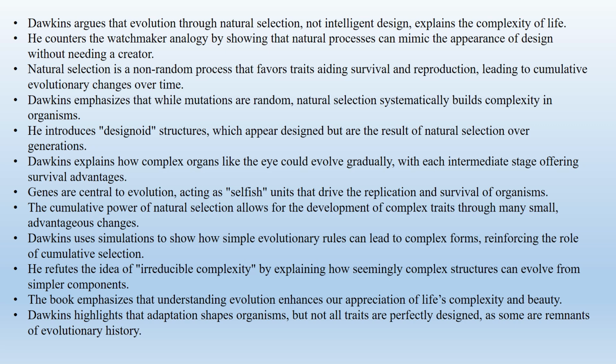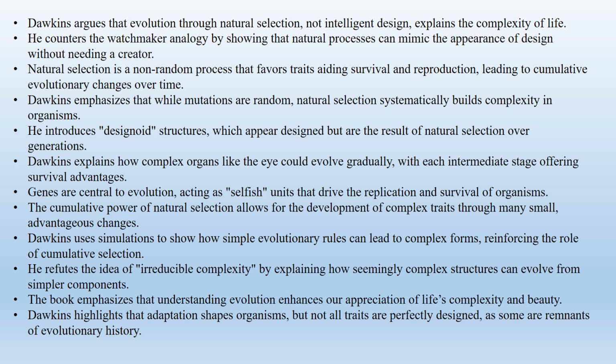By adjusting the parameters of the simulation, Dawkins shows how small incremental changes can lead to increasingly complex forms, demonstrating the power of cumulative selection in evolution. This reinforces his argument that complexity does not require an intelligent designer, but can emerge through natural processes over time.